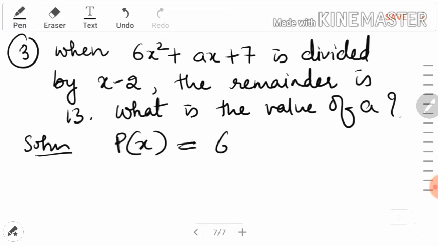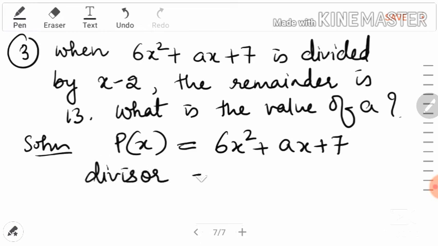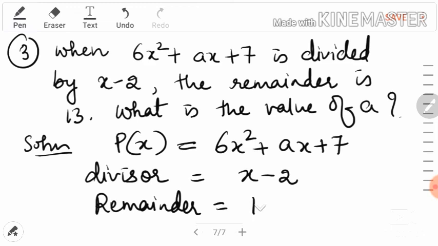Polynomial p of x is 6x square plus ax plus 7. The divisor is x minus 2 and the remainder is given already, that is 13.